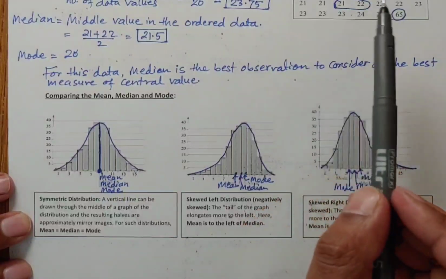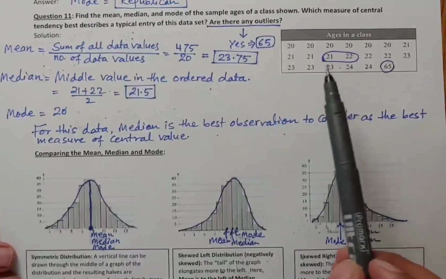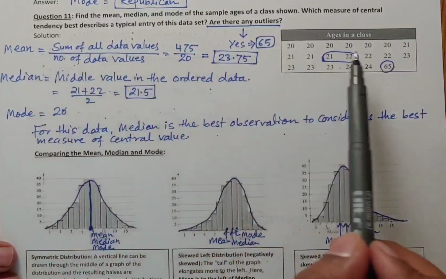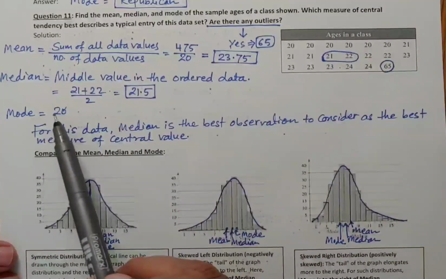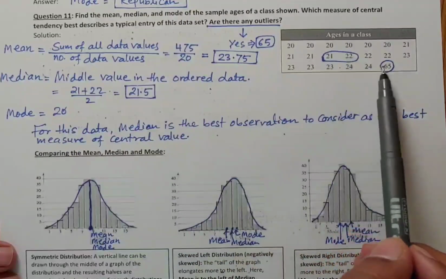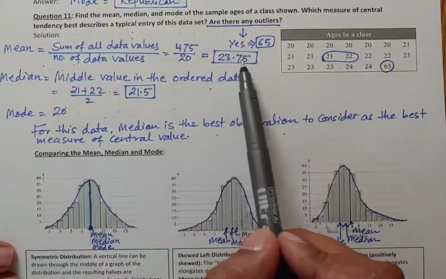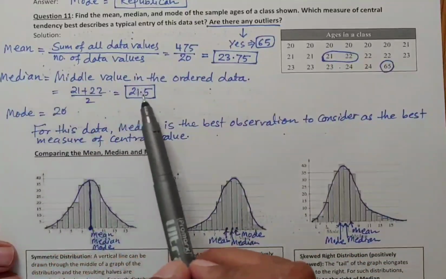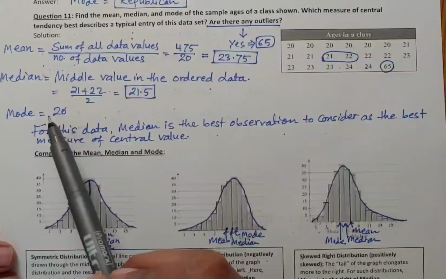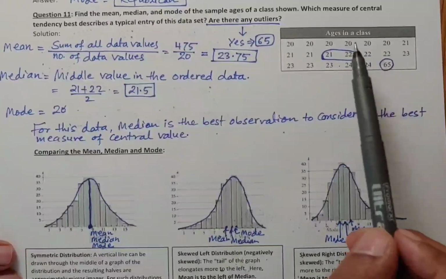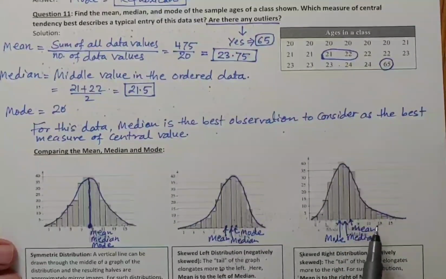Like this data, see this data which we had here. The smallest number was the mode, right? So mode was the smallest number, and then median, and then mean. Mean is 23.75, median 21.5, and mode is 20. So this data, if you draw the graph, you'll get a right skewed graph.